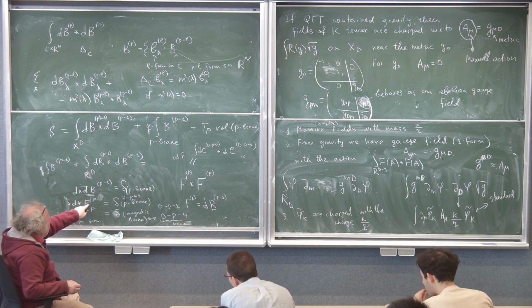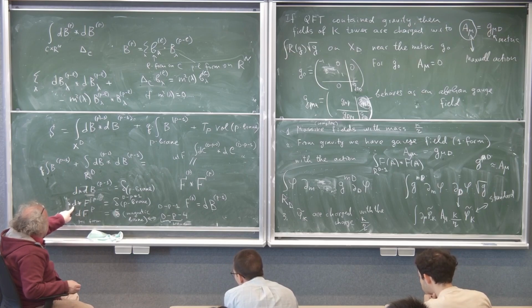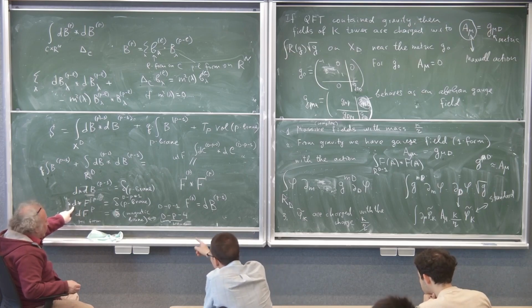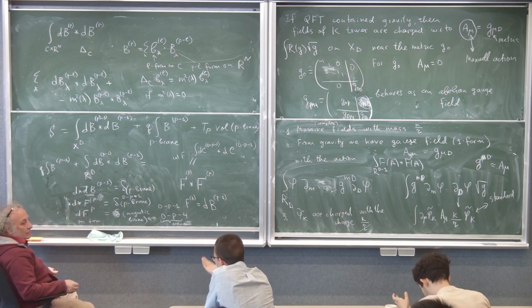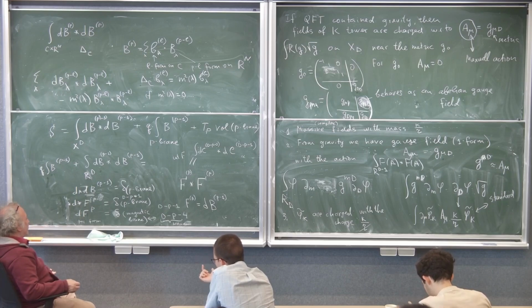So this is a p form. This is a D minus p. This is a D minus p plus 1. Wait, why is it delta of a p-brane? It shouldn't be like that, because when p equals 2, it should be delta of a 0-brane. So it should be a delta of a p minus 2 brane. And then everything matches.